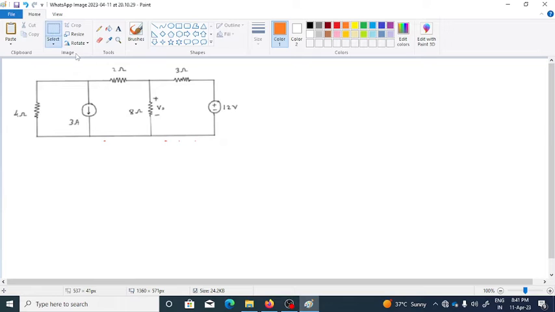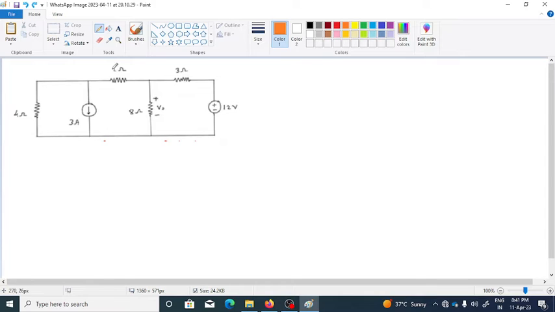So first of all, what we should do is we should convert this combination of a current source and a resistor into an equivalent voltage source, right?